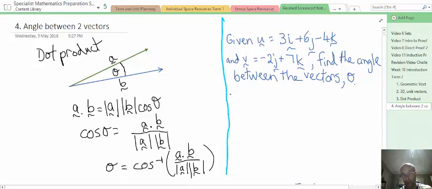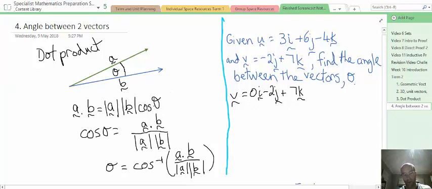That's because vector v doesn't have its x scalar, in other words the coefficient in front of the i component, specified, but indeed it is there, it is 0i. So in our solution we can clarify by rewriting vector v to match the three-dimensional format of vector u, which is what I'm doing here.